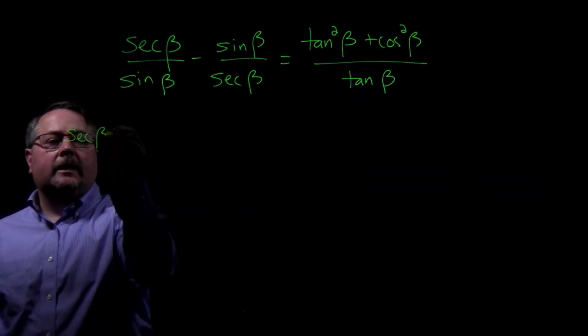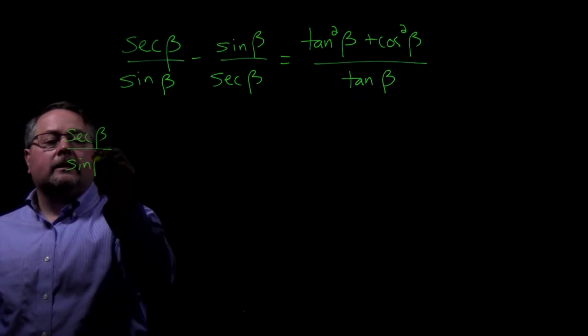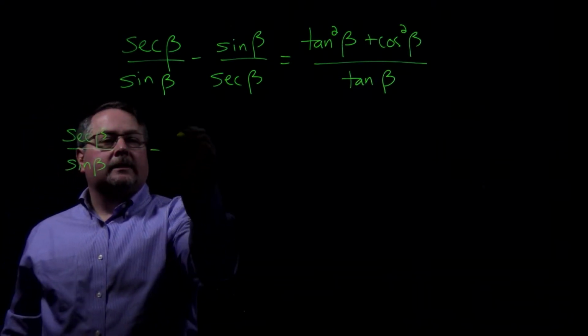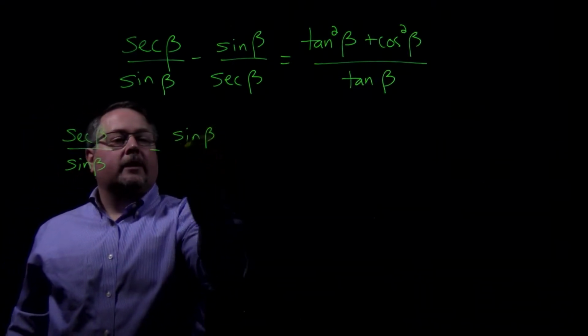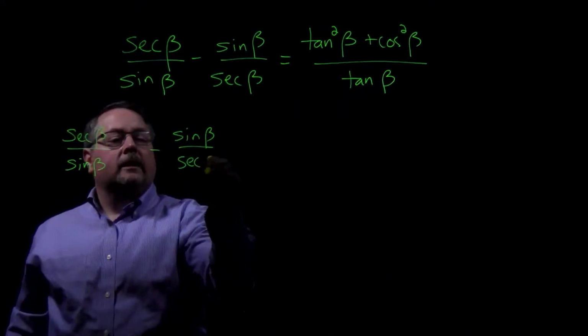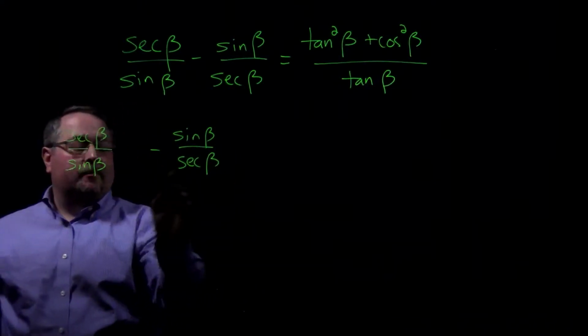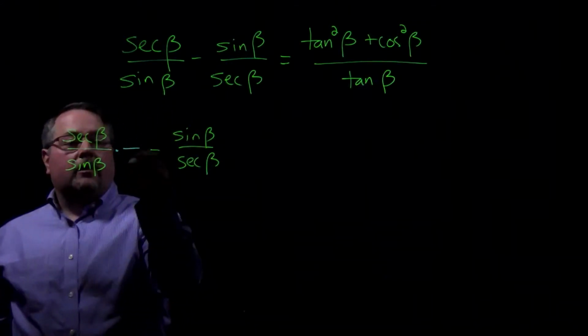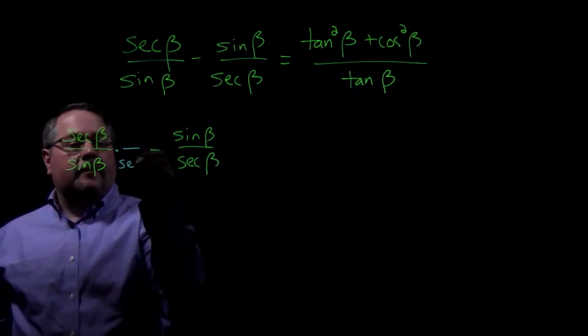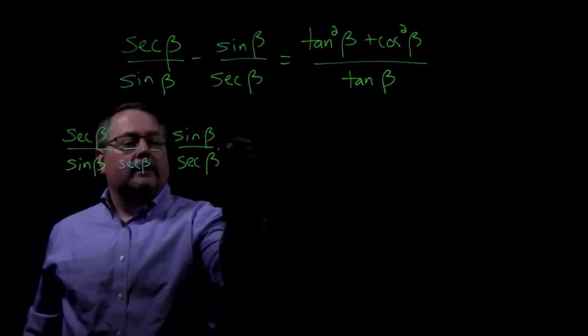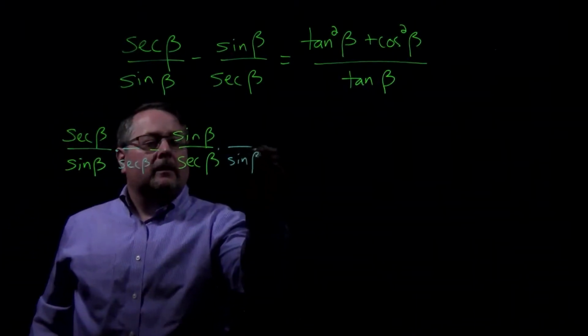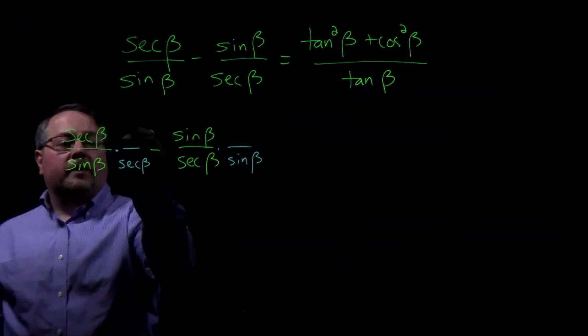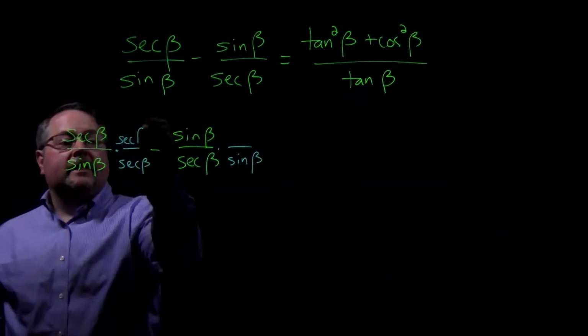So we have secant beta over sine beta, okay, minus sine beta over secant beta. So in this case, our denominators are sine beta and secant beta. So our common denominator would be sine beta times secant beta. We'll take our first term and multiply the top and bottom by secant of beta.